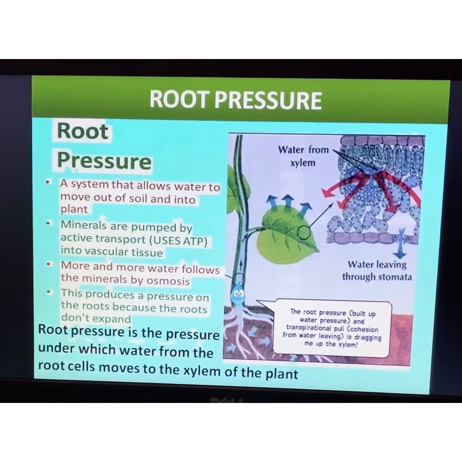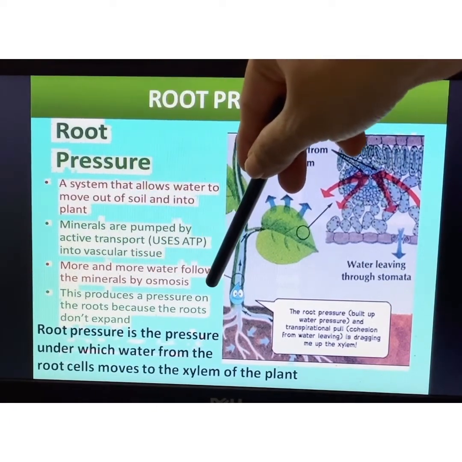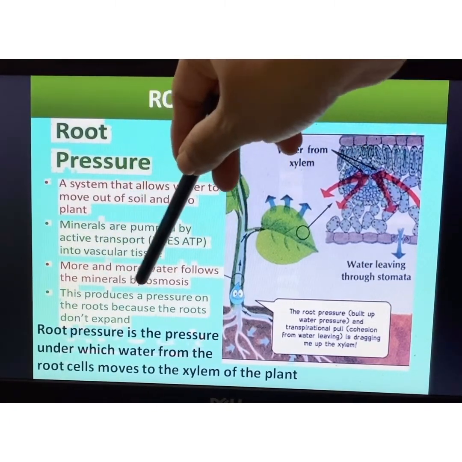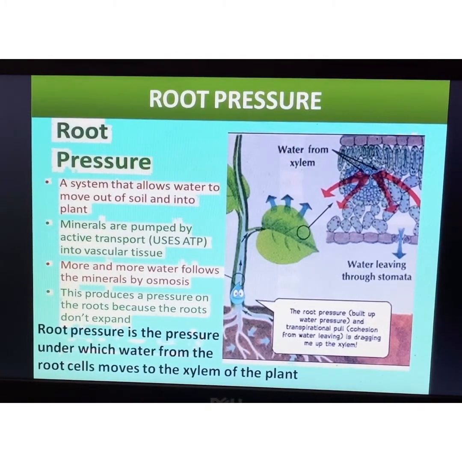So the water is now entering the roots through active transport. As the water keeps entering continuously, this produces a pressure in the roots, because the cells have a limitation in their capacity.